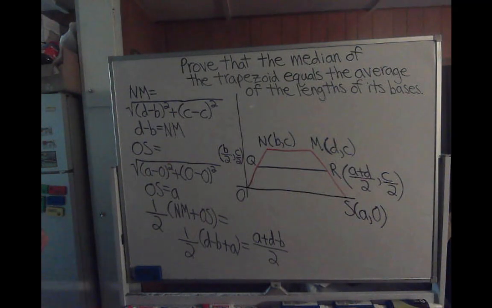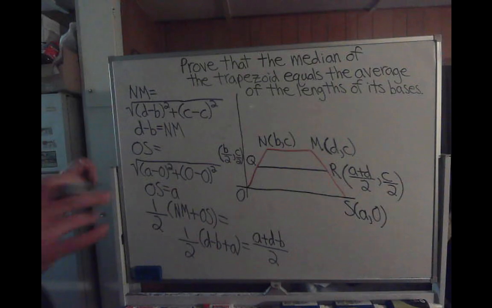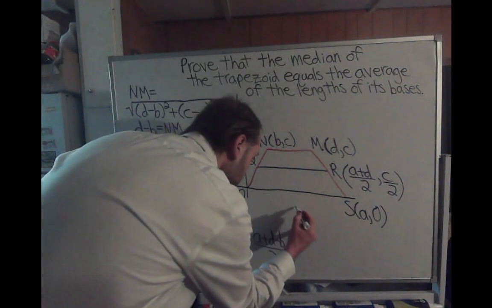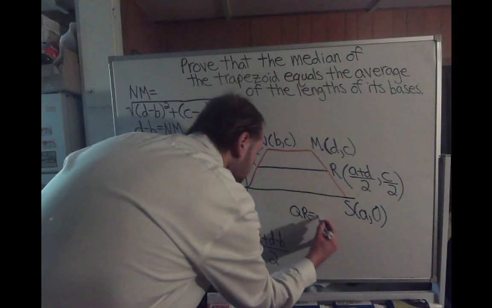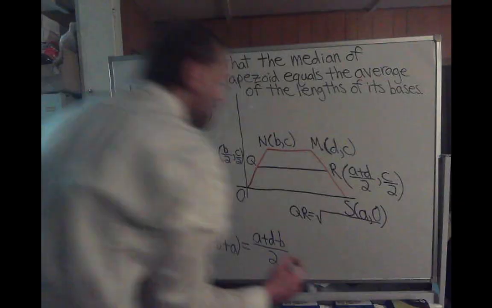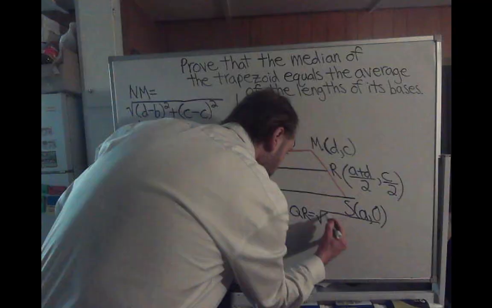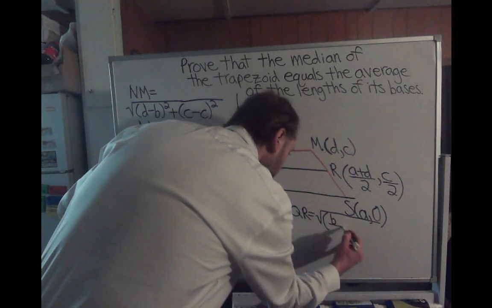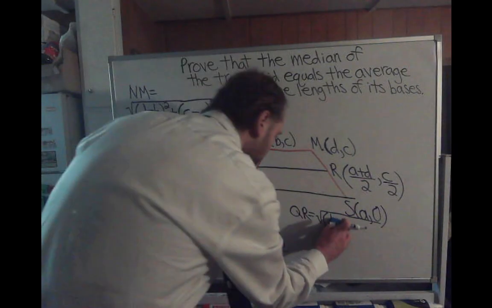Now, if this is really true, then QR should equal A plus D minus B over 2. Let's see if that's the case. QR, the distance for that, of course, is, let's see, take your x2 of B minus 2, B over 2. Whoops, I'm sorry, I got that wrong here.